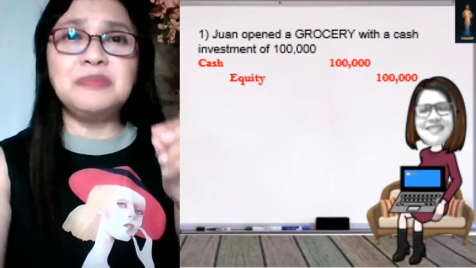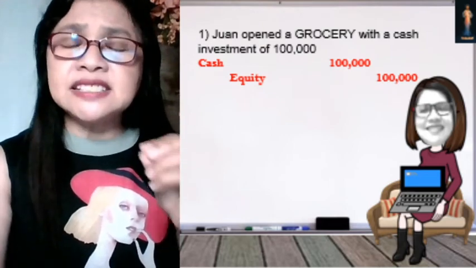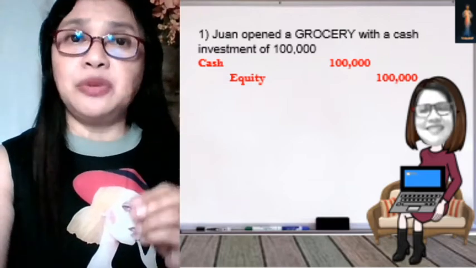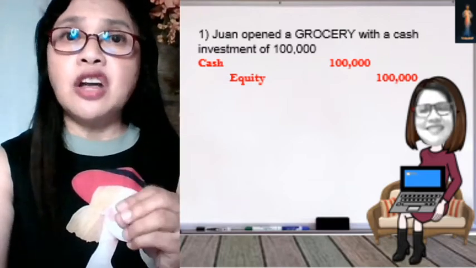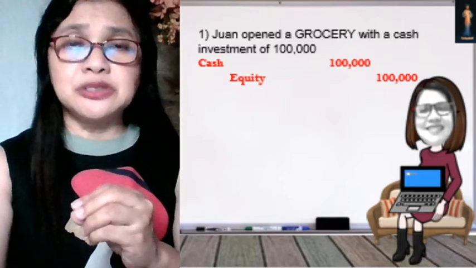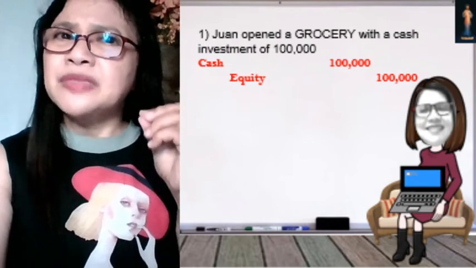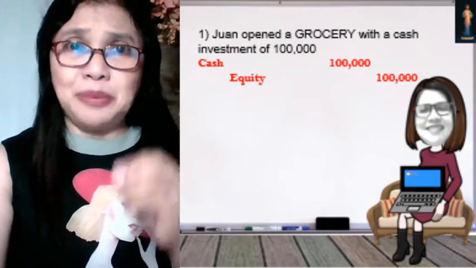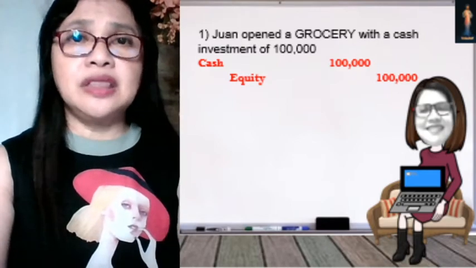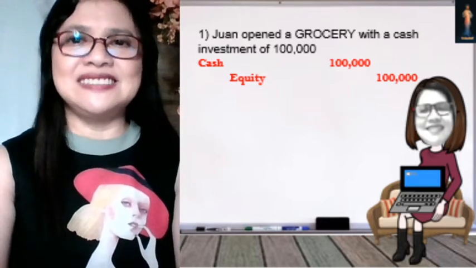You debit it. Perfect. And since this is an initial investment, we have to recognize the equity contribution of the owner, which is in the amount of 100,000. And equity has a normal credit balance. So debit cash and credit equity with 100,000.